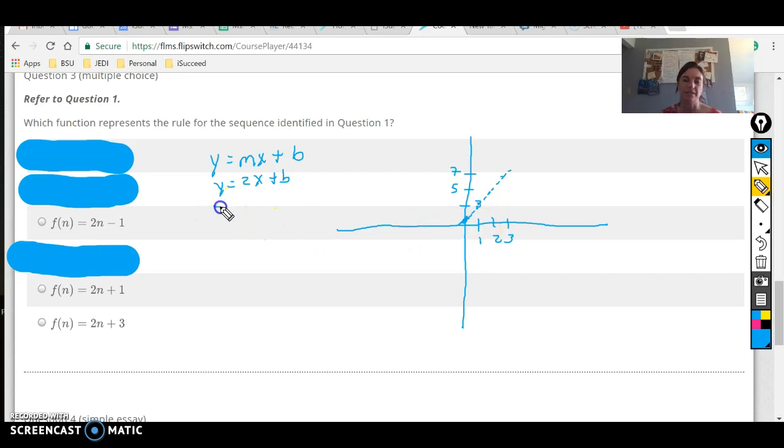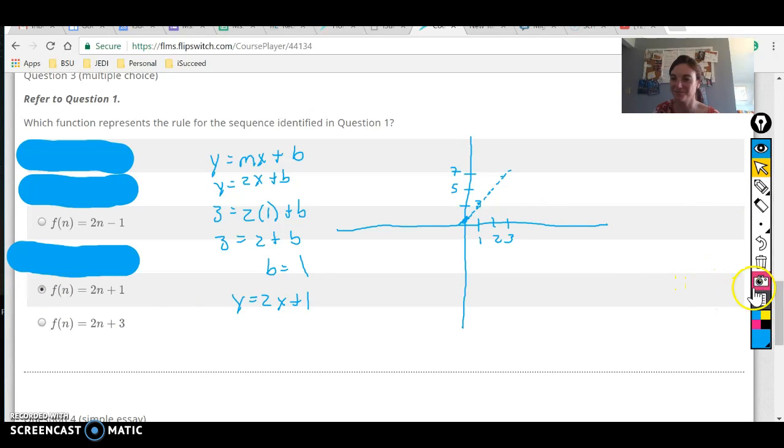So I'm going to say 3 equals 2 times 1 plus b. 3 equals 2 plus b. So I can tell quite easily that b equals 1. So my initial value here has to be 1. All right, so y equals 2x plus 1, or in this case, we're doing a function of n. F of n is 2n plus 1.